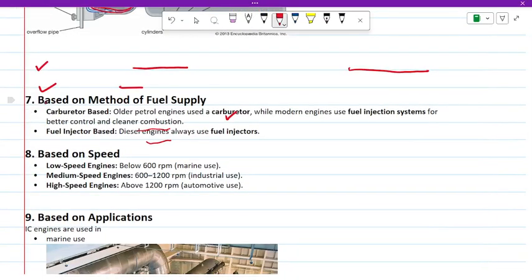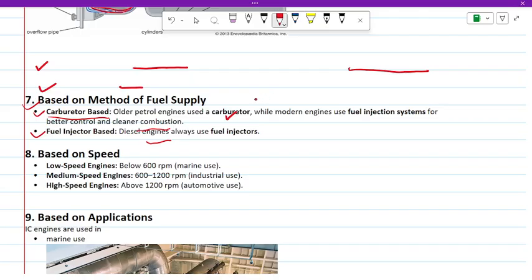Next is based on the method of fuel supply: the carburetor method and fuel injector. The carburetor is a device used for mixing the air and fuel at a stoichiometric ratio of air and fuel. So the mixing of air and fuel takes place only in gasoline type engines. Gasoline means petrol type of engine.